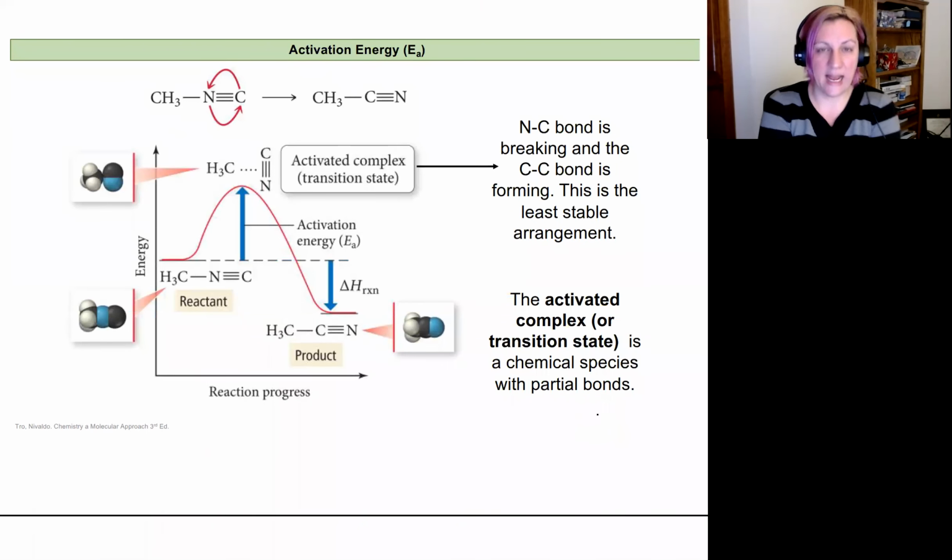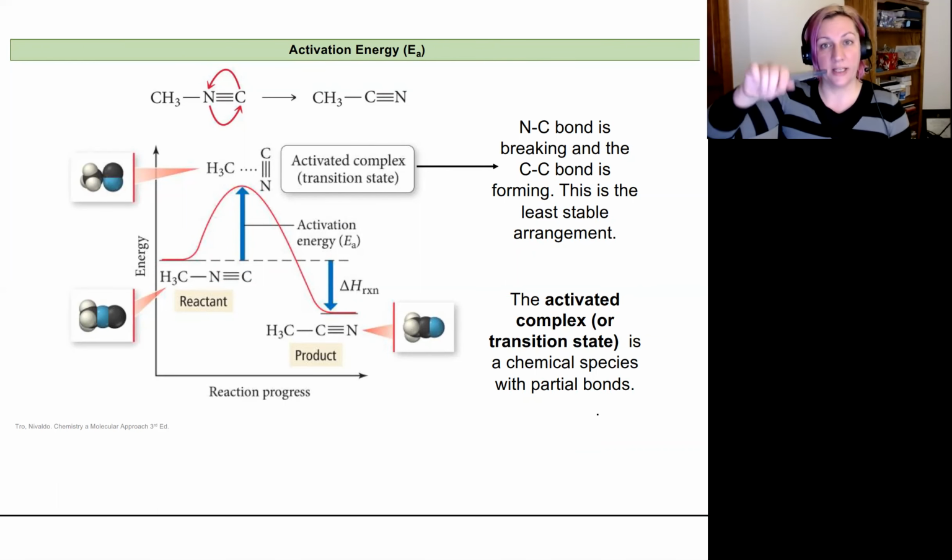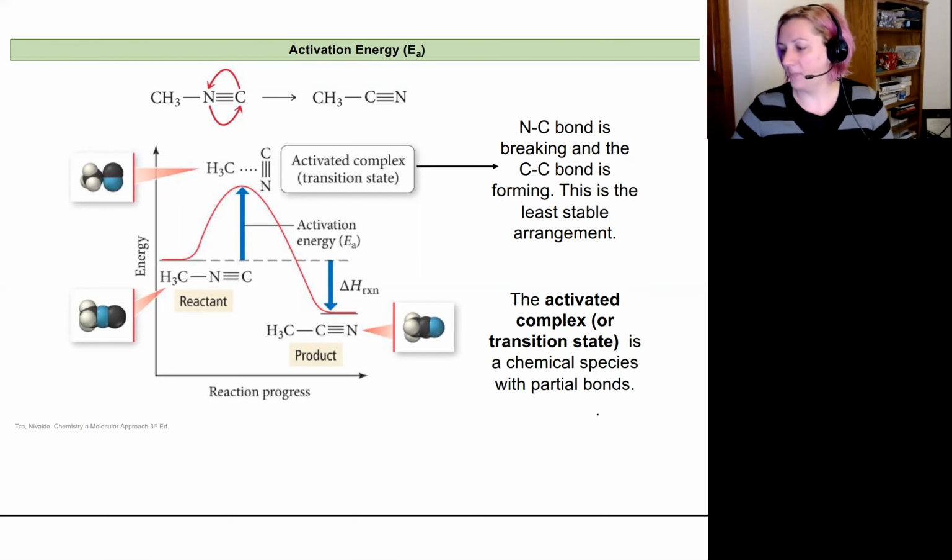So looking at that activation energy in more detail, I've been talking about how these are like half broken, half bonded. And this is actually a really nice demonstration to do in the classroom. I don't have it with me, but if I have a nice ruler, I can show this. Maybe I can do it with a pen.